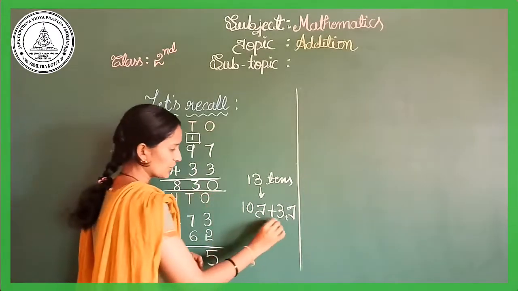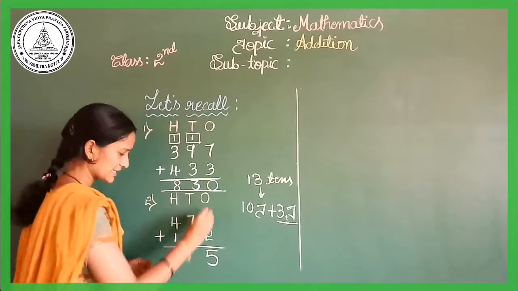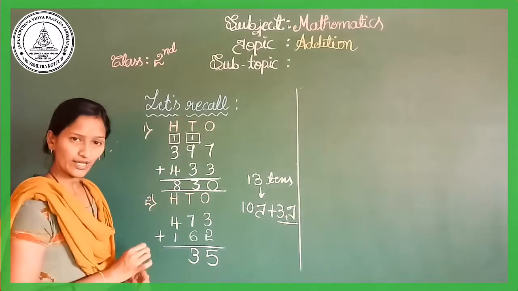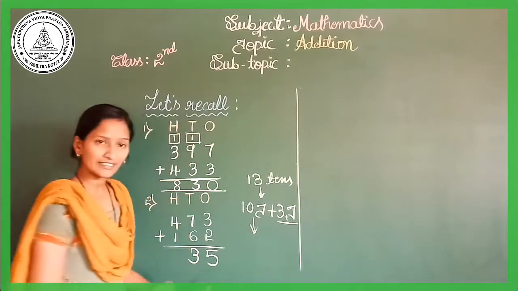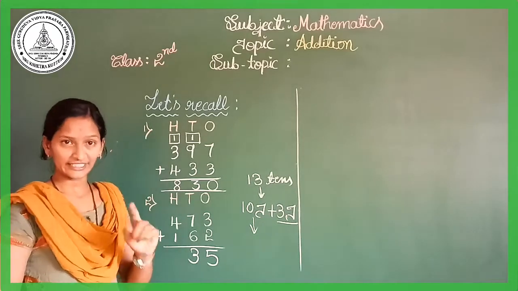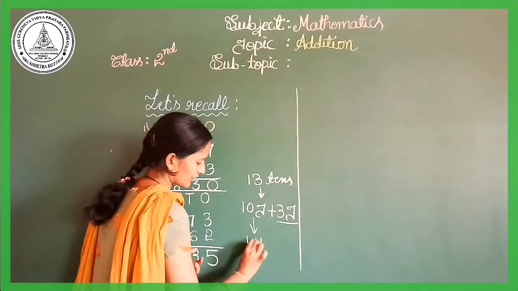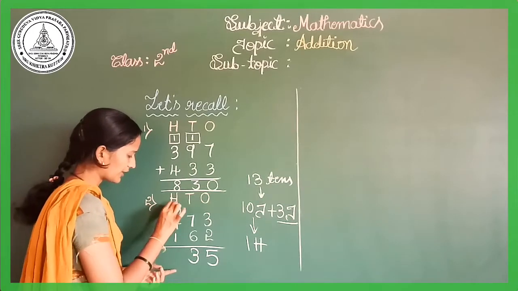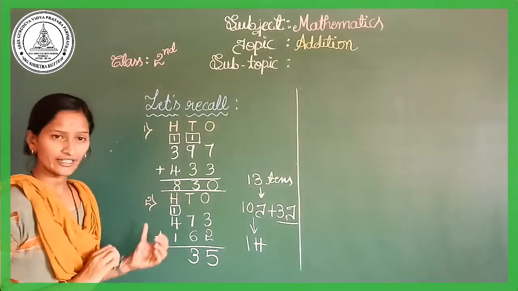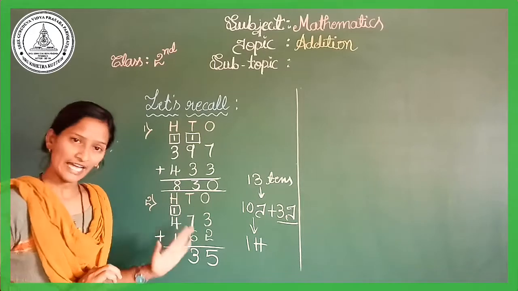Write this 3 tens in the tens column. And already you know that 10 tens is nothing but 100. So I am writing that 100 in the hundreds column because it is a carry number.